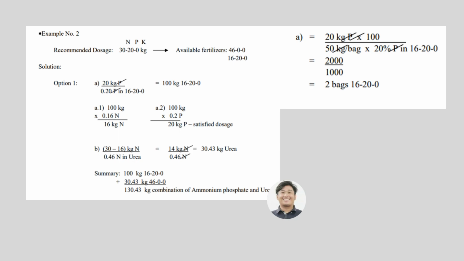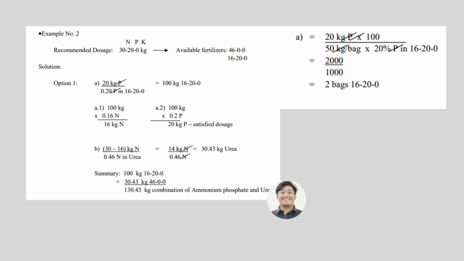So here we just subtract the given 16 kilograms of nitrogen from the dosage, divided by the available nitrogen, which is in the urea. So it's 14 kilograms divided by 0.46, which equals 30.43 kilograms of urea.